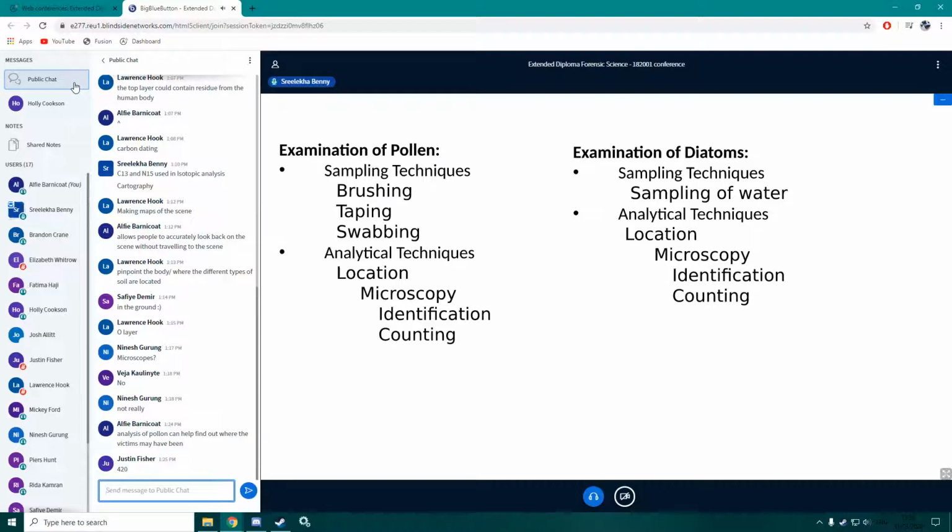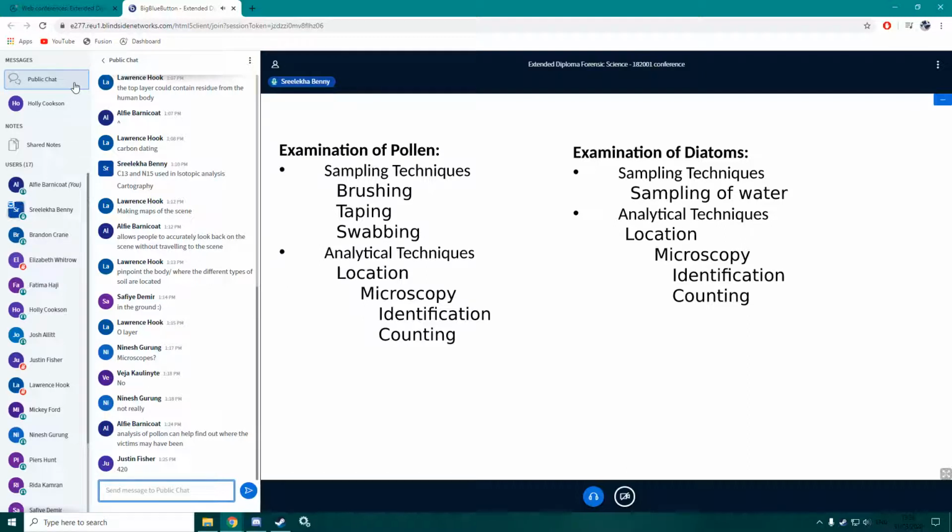So pollen will help us find where a victim or suspect has been. So that is all for pollen, and the analytical techniques will be the same as the other ones.